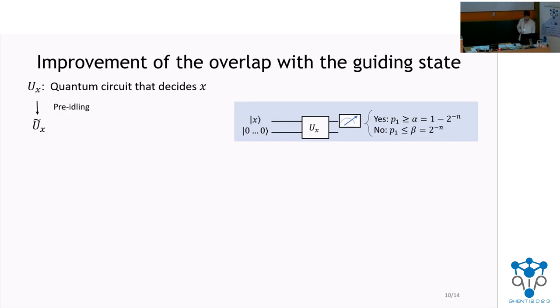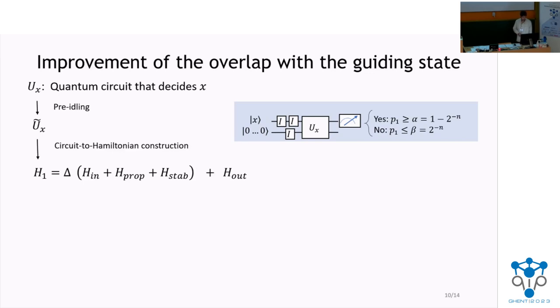And we first modify this circuit U_X by adding the pre-idling. Pre-idling means adding identity gates, so this does nothing, and adding identity gates before the quantum computation U_X.